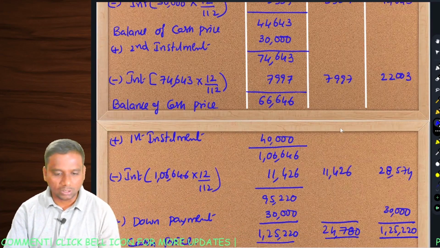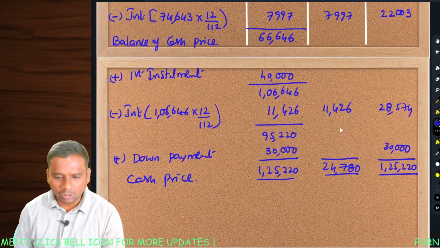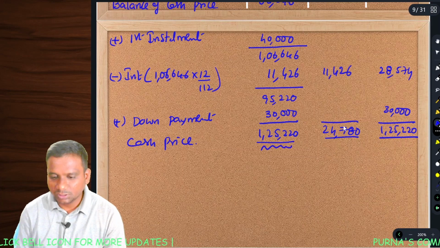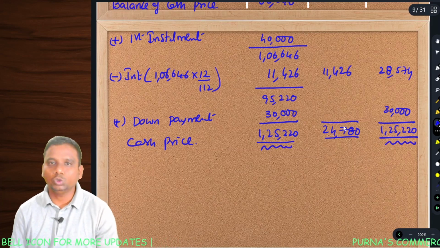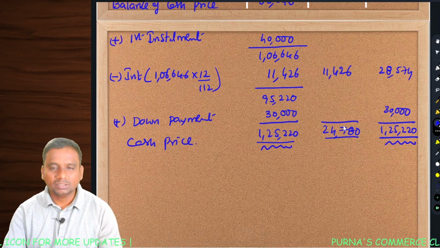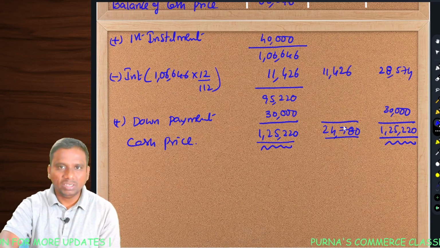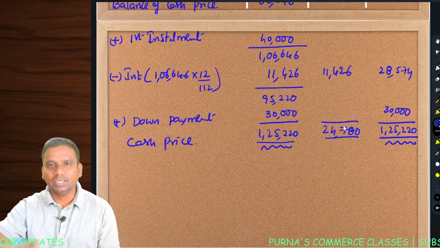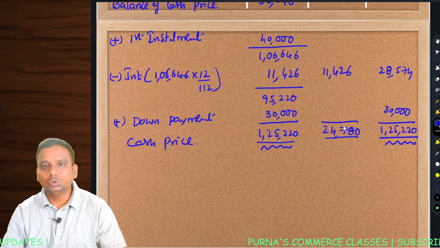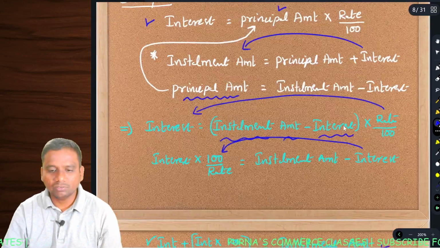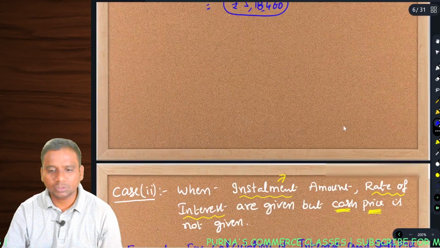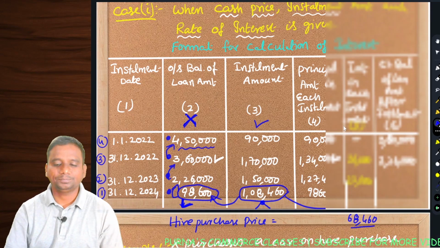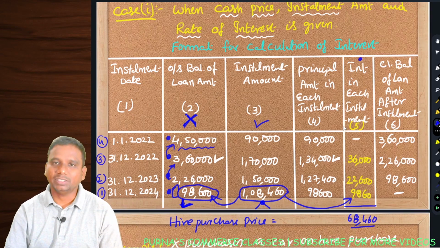Now you may ask one doubt. What is the total cash price here? 1,25,220. Now we have the cash price, the installment amounts and the rate of interest. If you follow the first method with the same information, you will get the same thing.